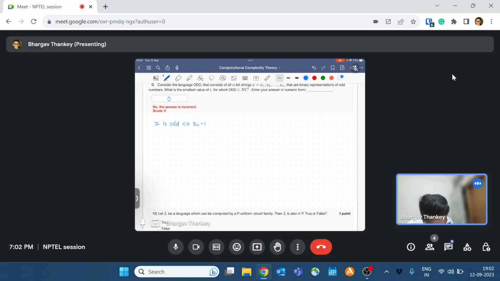And so this is the circuit. You have inputs x1, x2, ..., xn, and all you are doing is just forwarding xn as output. So there is no gate in the circuit. Is this fine?